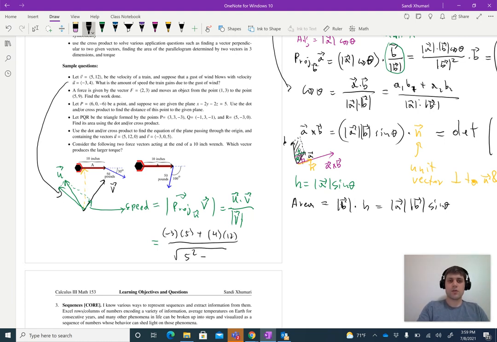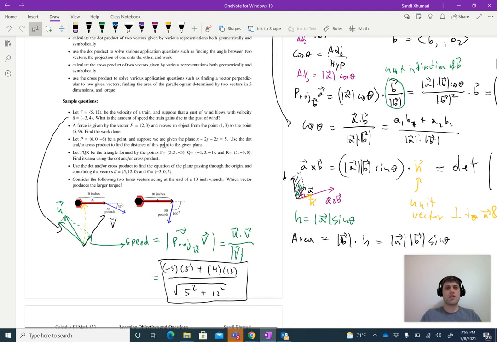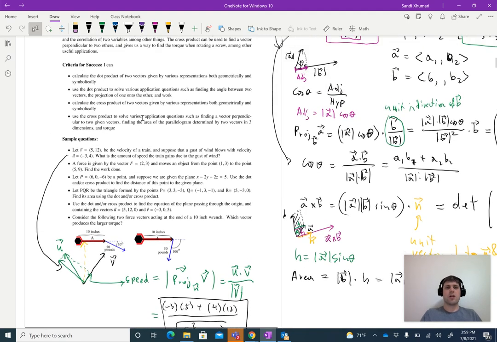Well, it's the square root of 5 squared plus 12 squared. And this will be the speed that we gain. So you can put this into your calculator, and this would be the speed. Whatever the units are there, I'm not giving any units in here. If they were given, you just put whatever, like miles per hour, in there. And that's the sample question here, number 1.